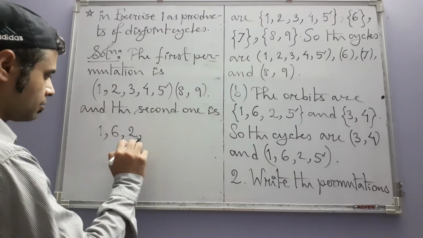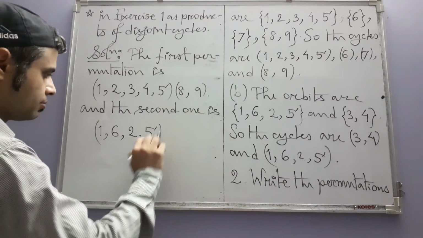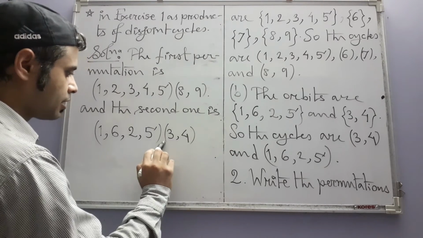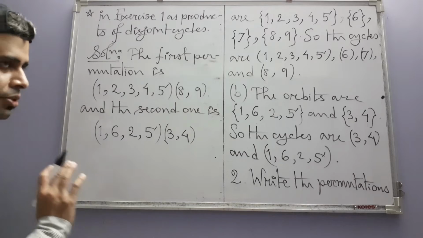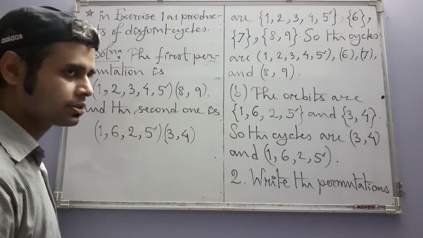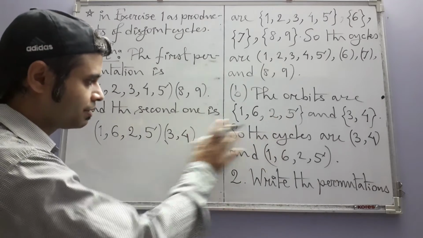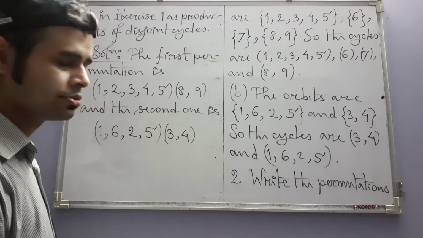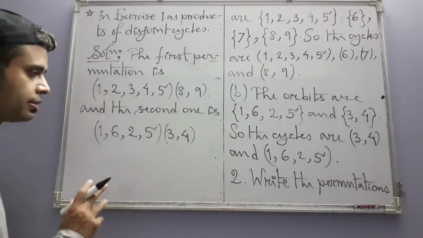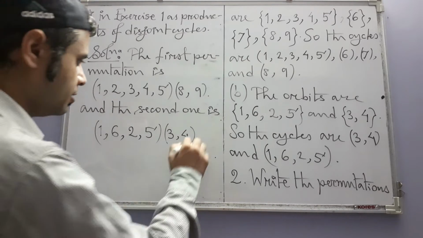And just one more small thing, because the cycles are disjoint, they commute. So it does not matter which you write first and which you write second, or in case of having many cycles, which order you use to write the product. That does not matter, as long as the cycles are disjoint.